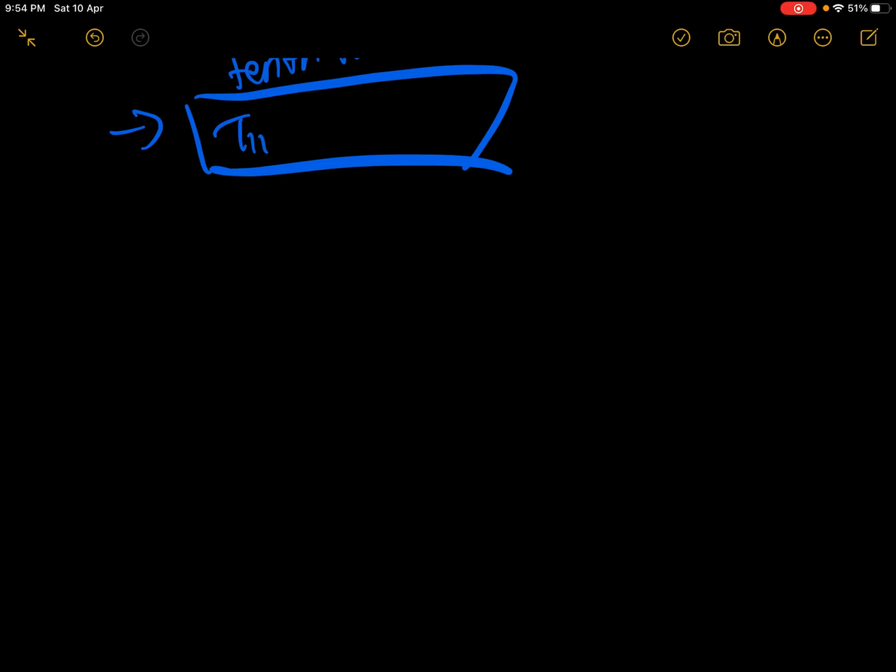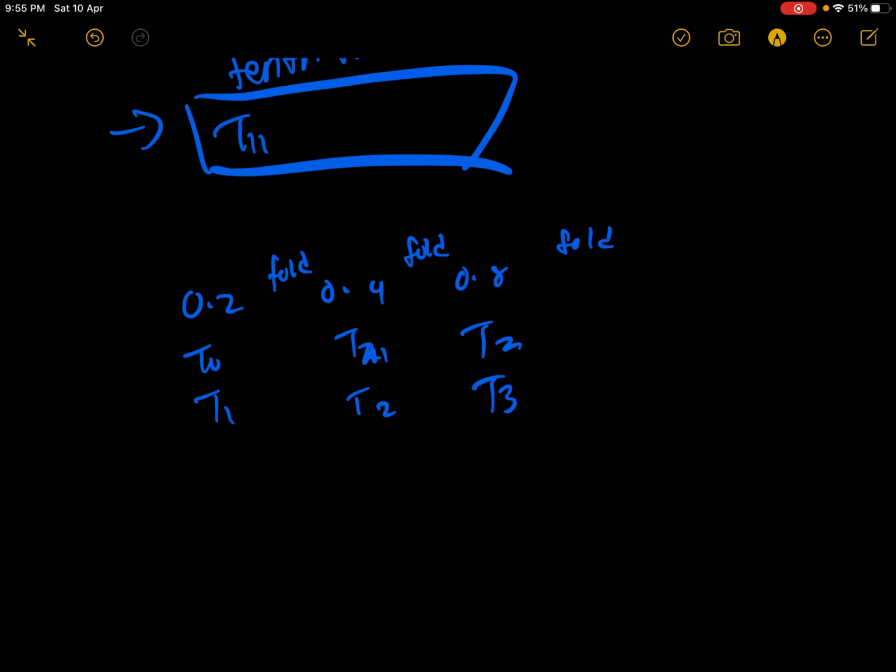For me, I recommend you just write it in a small area, like 0.2, 0.4, 0.8, and so on. Fold, fold, fold, and then you put T0 here, T1, T2, T3, and so on. 1 fold, 2 folds, 3 folds, and then you look at fold number 10 and see what comes up after that.